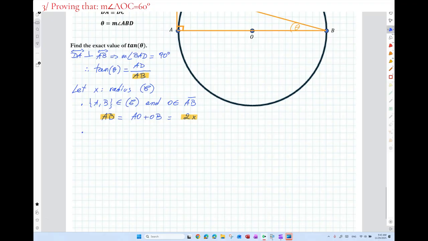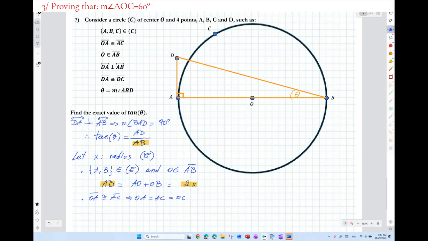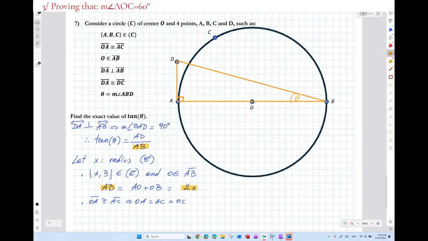To do so, I'm first going to consider the fact that OA is congruent to the segment AC, which implies that OA equals AC equals OC, because AO and OC are radii, and AC is congruent to that, which means that this is going to be a 60-degree angle.